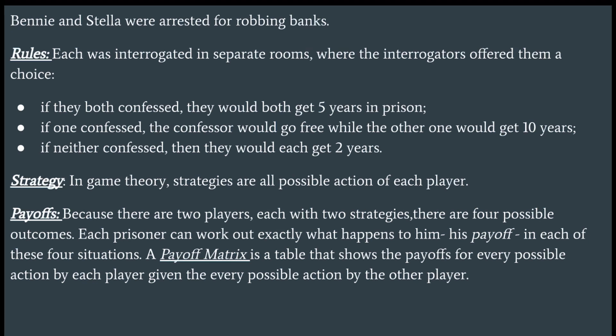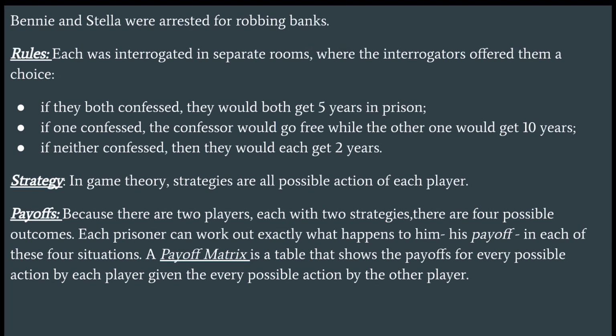Strategy. In game theory, strategies are all possible actions of each player. Payoffs. Because there are two players each with two strategies, there are 4 possible outcomes. Each prisoner can work out exactly what happens to him, or his payoff, in each of these 4 situations.